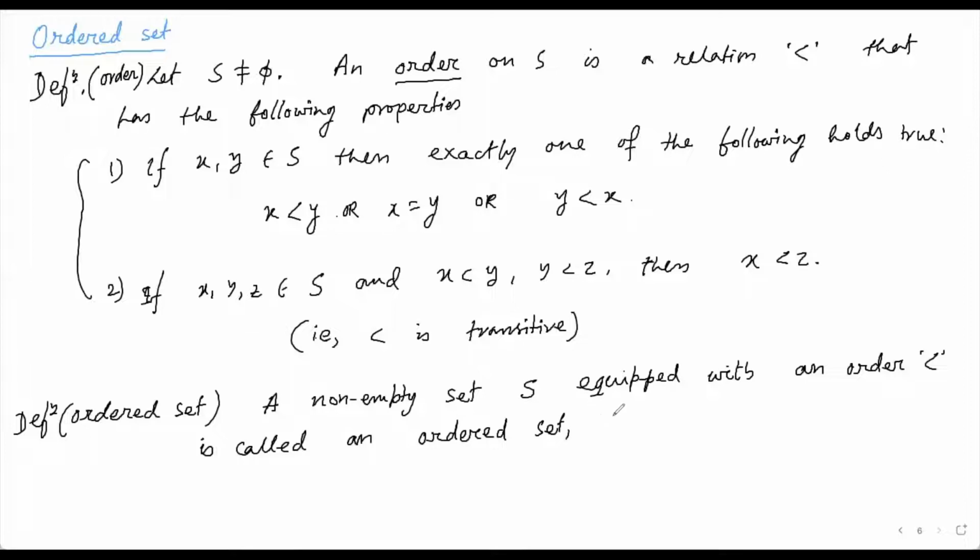And we denote it by the pair S and this relation. Okay, so this is the notation for ordered set. For example, the set of all rationals and this relation, this is an ordered set.